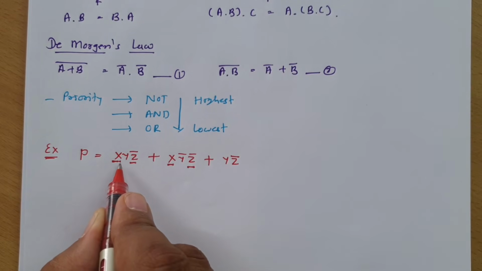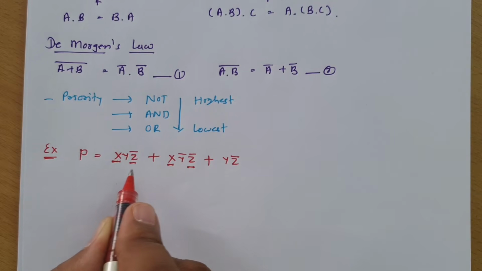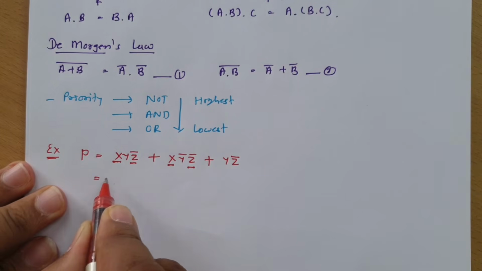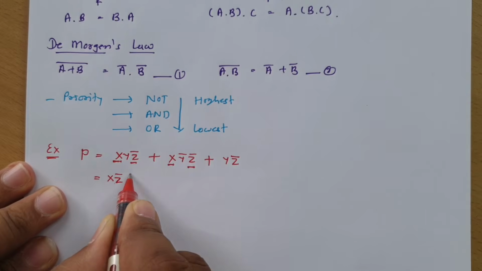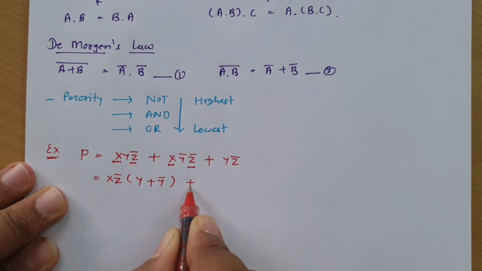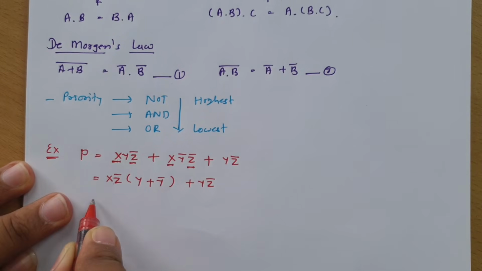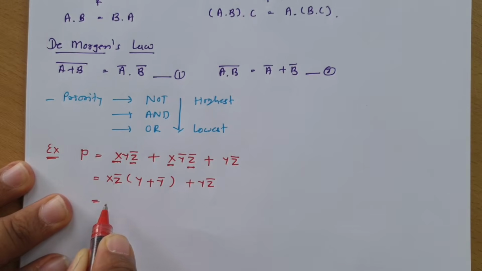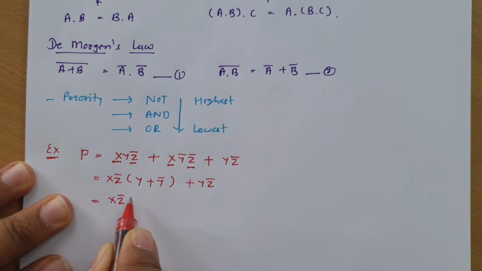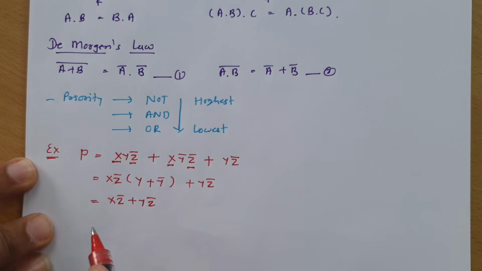Here you can see x z bar is common in both of these. If I take x z bar common, then here it will be (y plus y bar) plus y z bar, and y plus y bar is 1. So we can say this is x z bar plus y z bar.